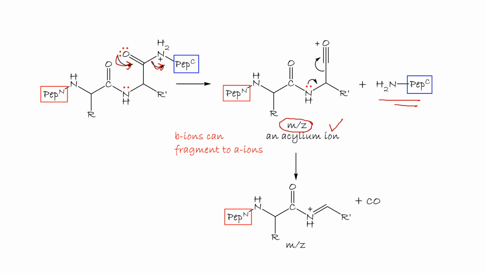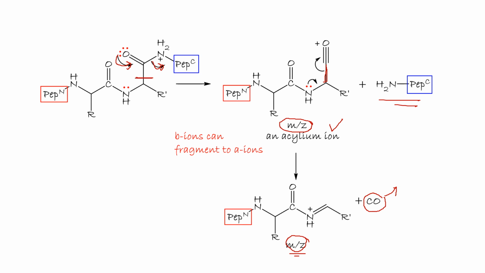This C single bond can be broken, and CO will get out, and the fragment will be the M/Z in the A1 daughter ion, as if we actually cut here.